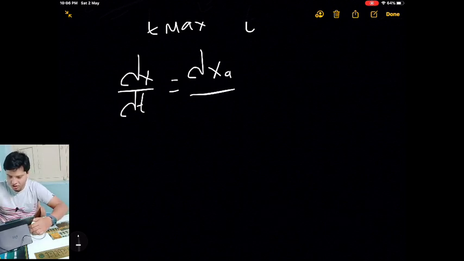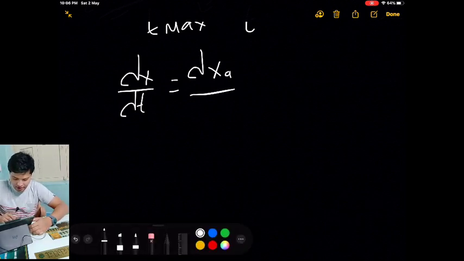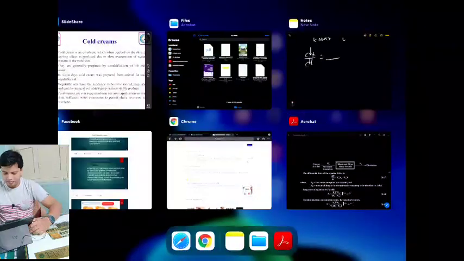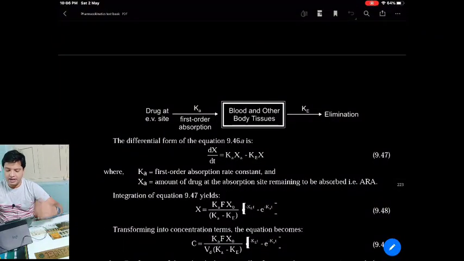Because it is first order, we directly take it as change of drug through first order absorption and change of drug through first order elimination.